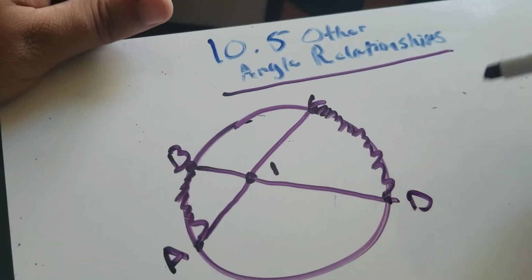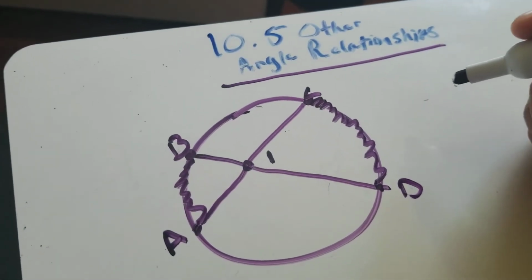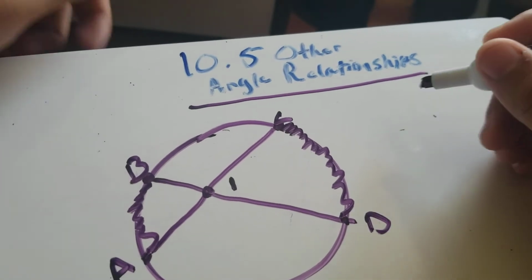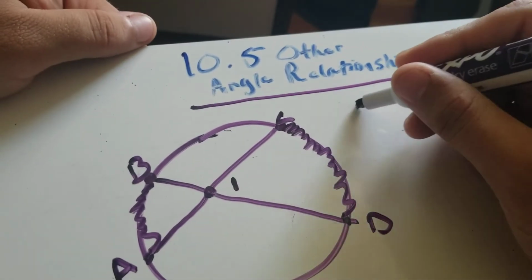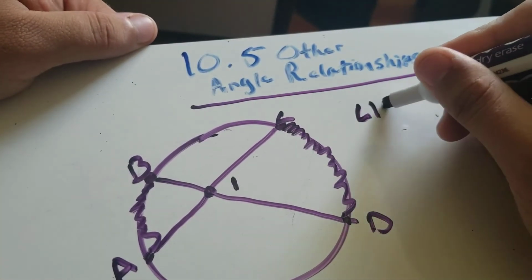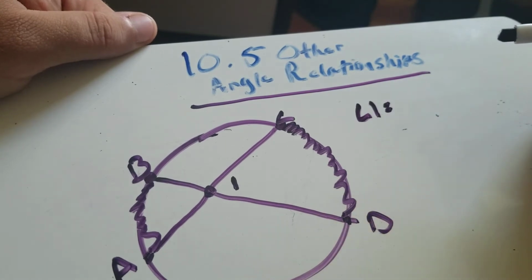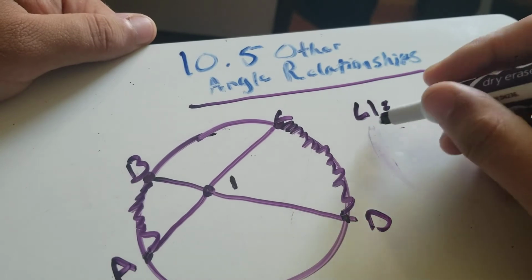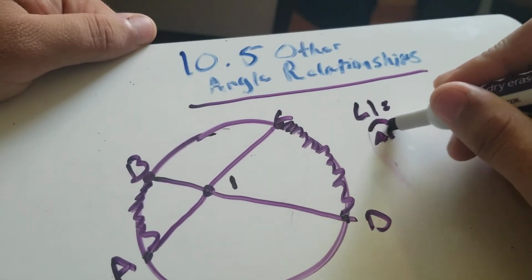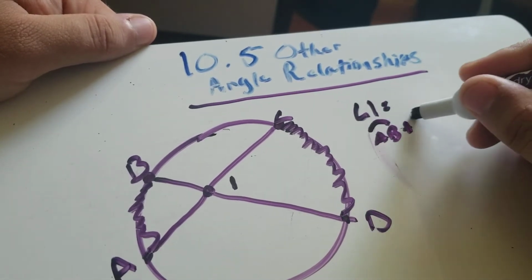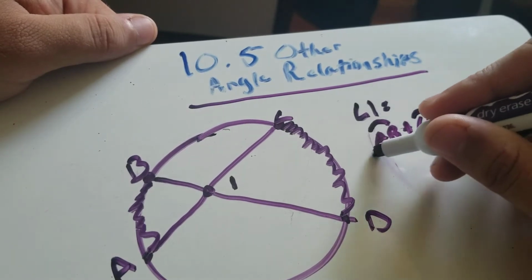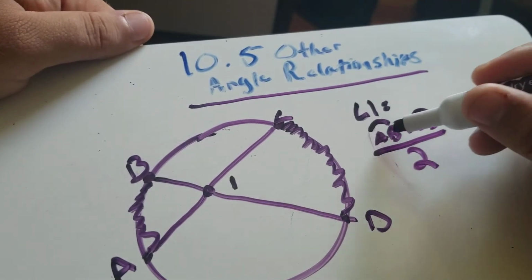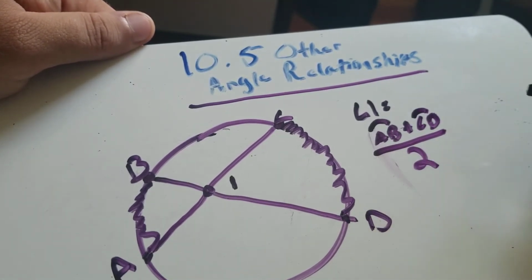So let's write that down as an equation or some algebraic list. Angle 1 is going to equal 1/2, or I should do it like this, arc AB plus arc CD divided by 2. When I say the average, you add them up and divide by 2.